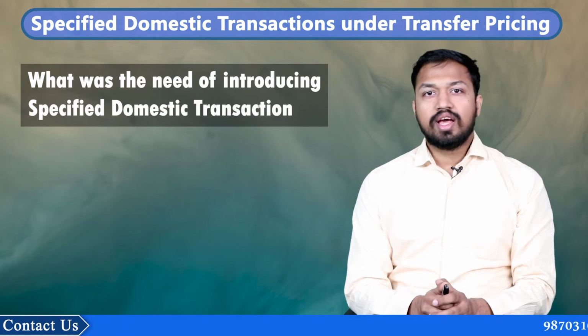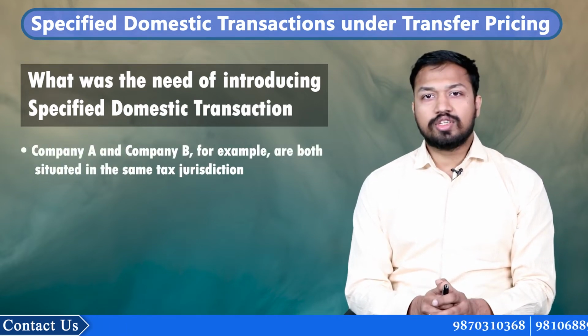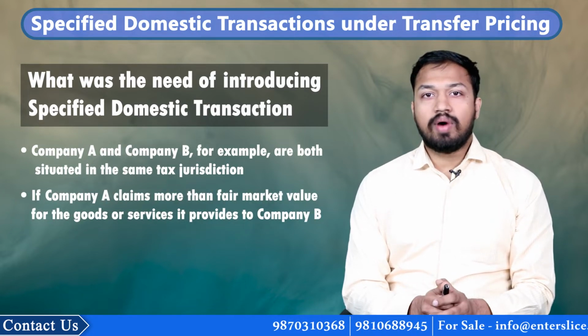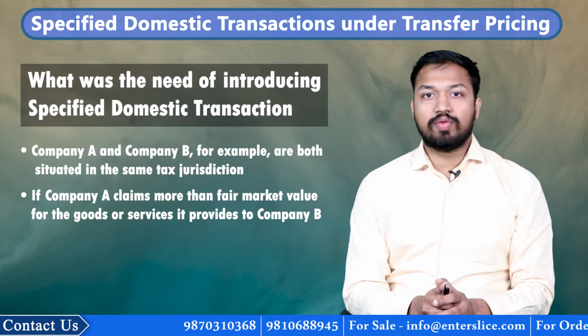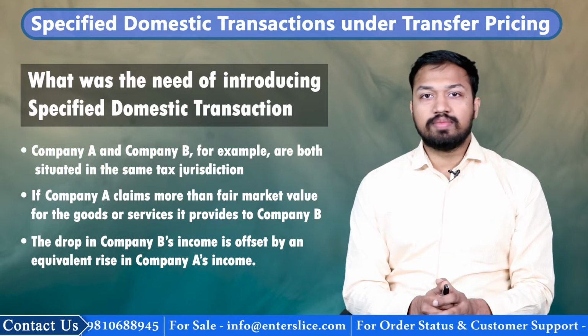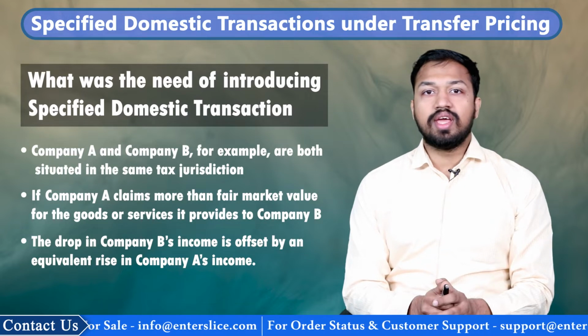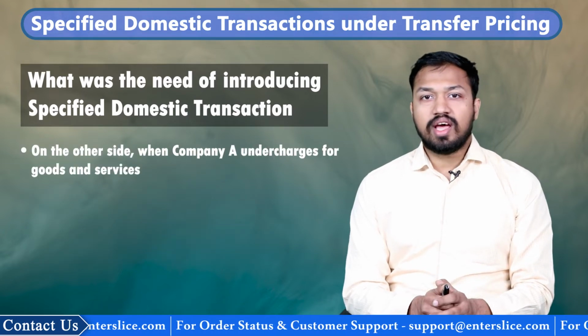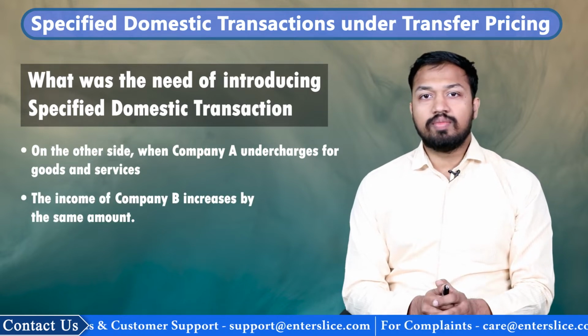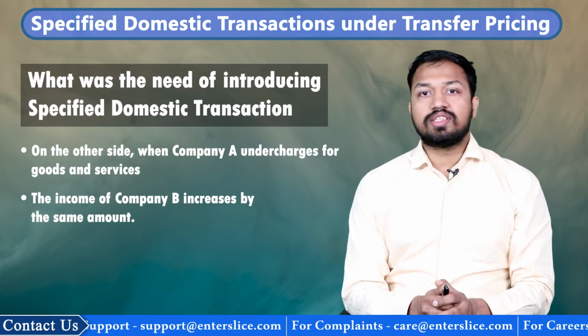For example, Company A and Company B are both situated in the same tax jurisdiction. If Company A claims more than fair market value for the goods or services it provides to Company B, the drop in Company B's income is offset by an equivalent rise in Company A's income. On the other side, when Company A undercharges for goods and services, the income of Company B increases by the same amount.